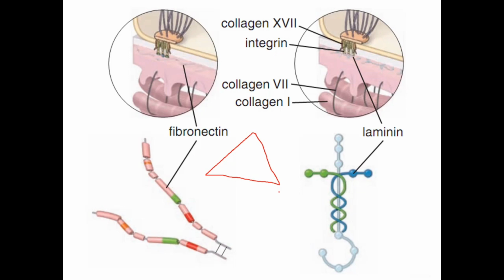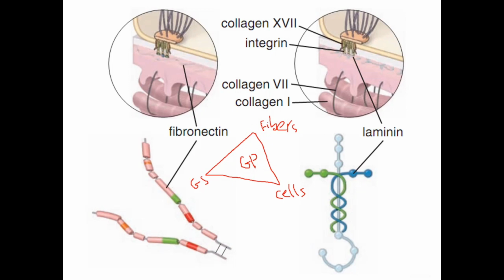For example, this angle is for attachment of cells, this part for fibers, and this part is for other ground substance in glycoproteins. Because of that, we call the glycoprotein a multi-adhesive glycoprotein. It means they have multiple places for attachment.